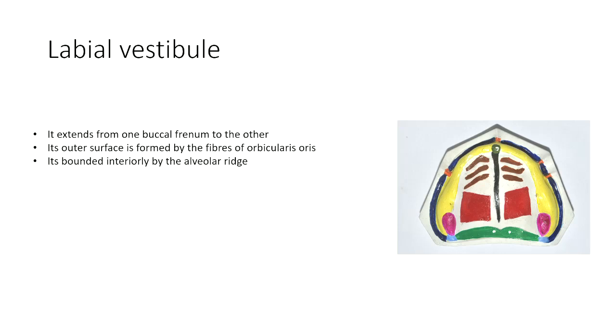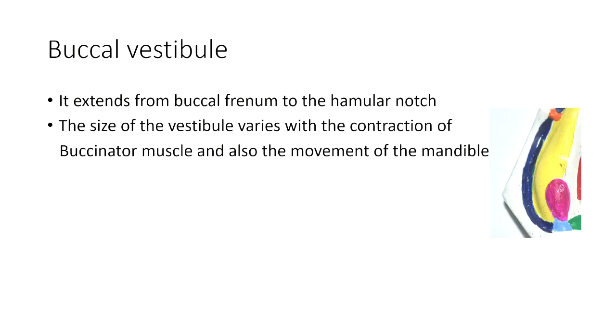So the alveolus comes inferiorly, and it is formed by the orbicularis oris muscle. Then comes your buccal vestibule. It extends from your buccal frenum to the hamular notch, and the size of the vestibule varies with the contraction of the buccinator muscle and also the movement of the mandible.